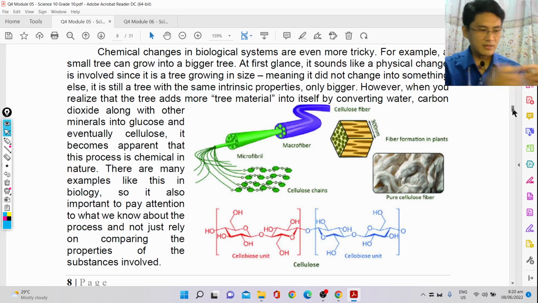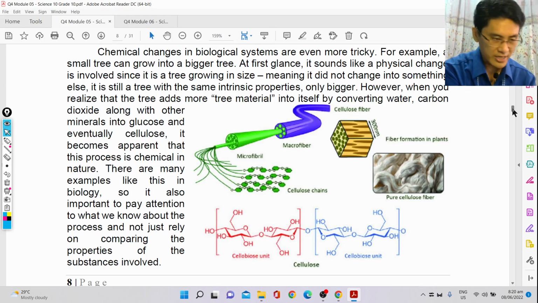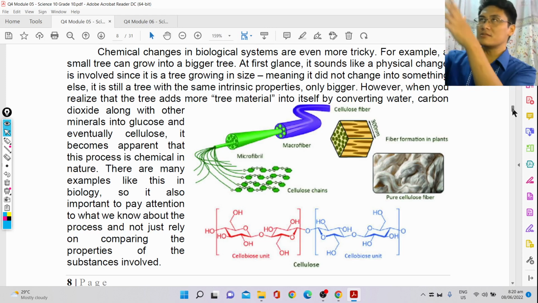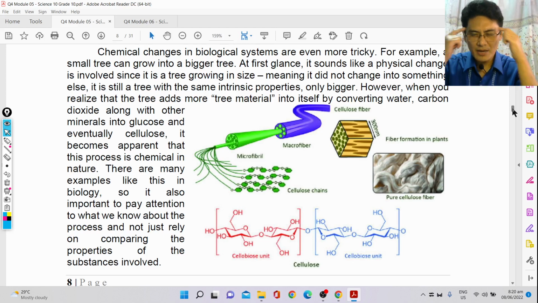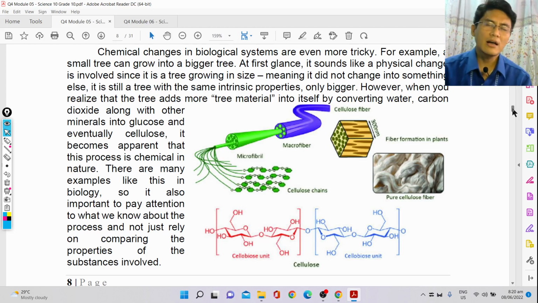I started with a small tree, and then it grew and became this big tree. So now, is that a chemical change or a physical change? And again, you might say, okay, I started with a tree and then it becomes a tree. If I actually eat the bark of the tree here, it still tastes the same. So for sure, it's a physical change, right? Because it did not change into another substance, right?